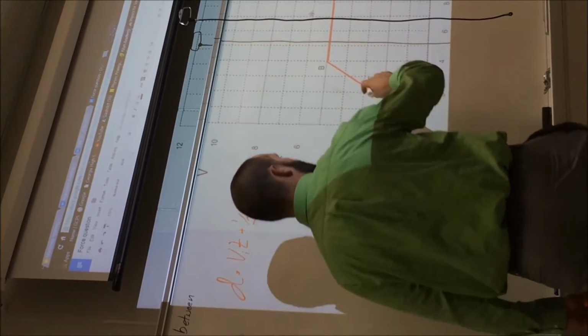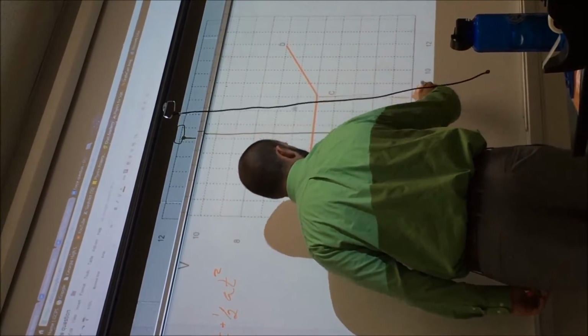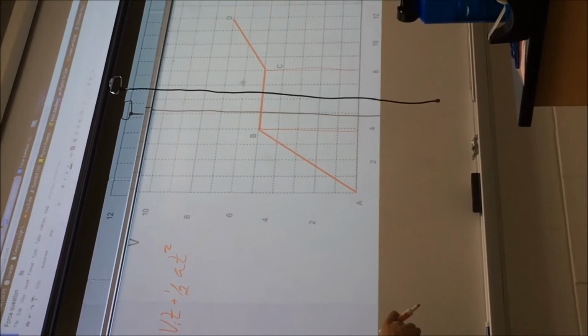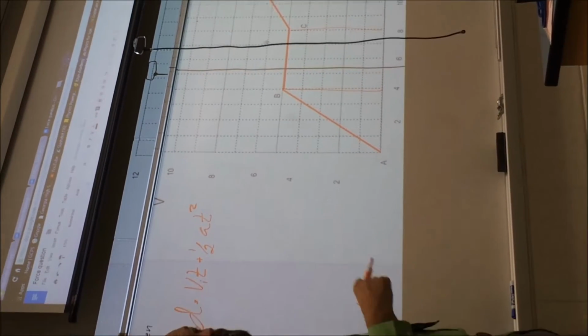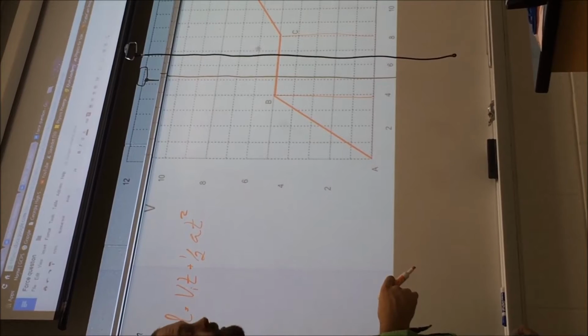I can figure out my acceleration from here to here, my time from there to there, and my initial velocity from there to there. I can use this formula, and it would work out, it would give me 20.